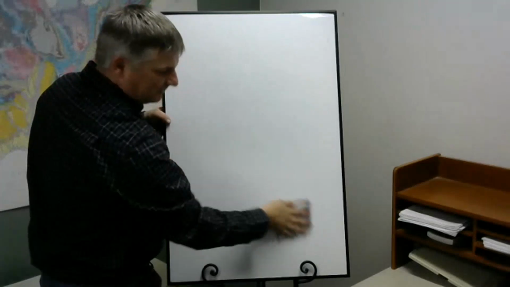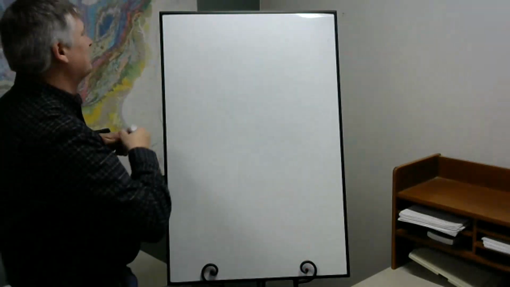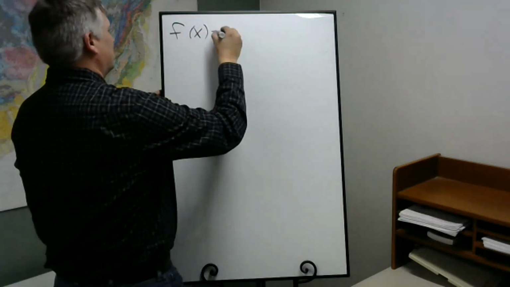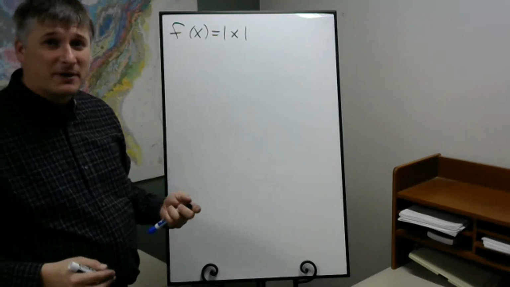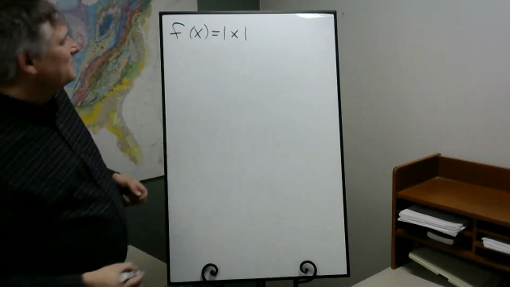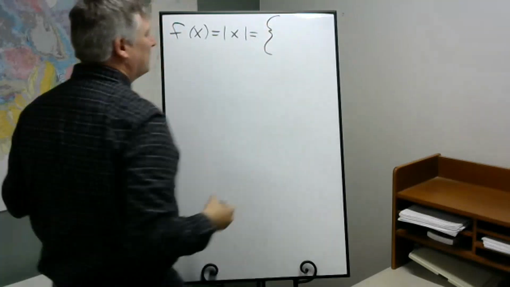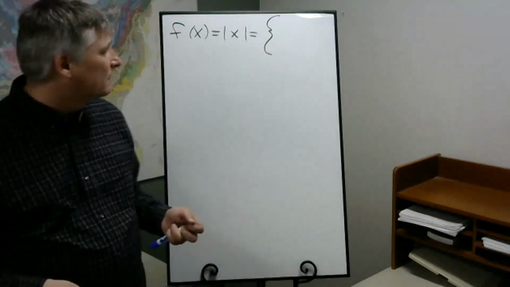So let's take a look at one more of these. And this is probably the most famous piecewise function you encounter, at least in algebra. It's the absolute value of x. So the way this works, the absolute value of x makes everything positive.